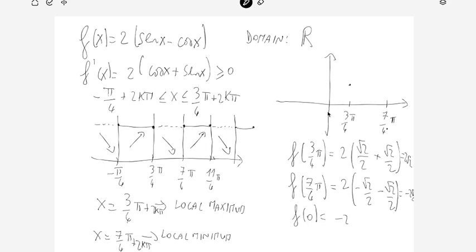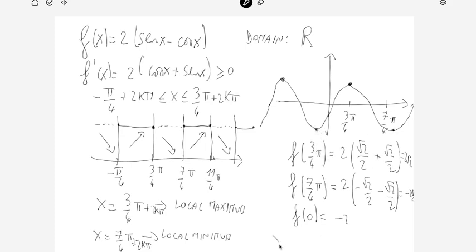Okay, so its value is here. So the function does something like that. Okay, and it is periodic, so the graph is always the same. This means that this is a global maximum, and also this is a global maximum, because the value is the same, because the function is periodic, and also here and here.